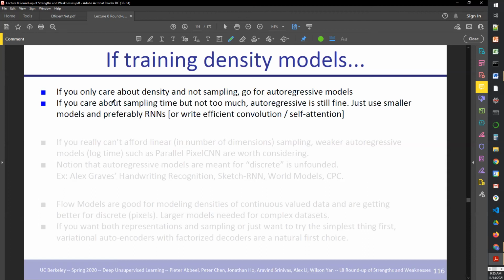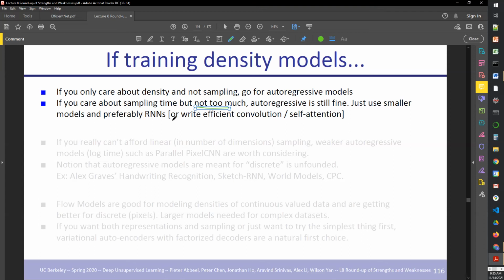But if you care about sampling time, but not too much, because if you care too much, then you probably won't use this technique. If you care a little bit, then it's still fine to use autoregressive, but use smaller models, like recurrent neural networks or convolution or self-attention.